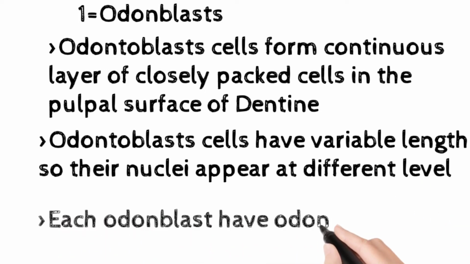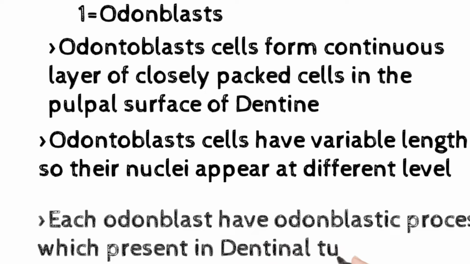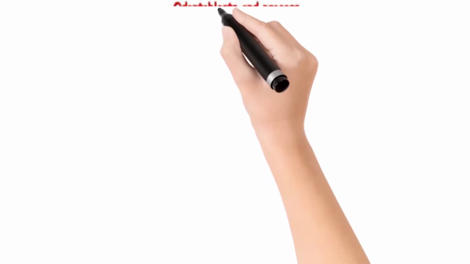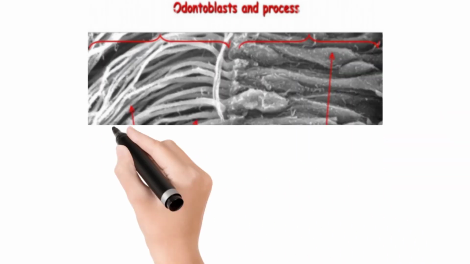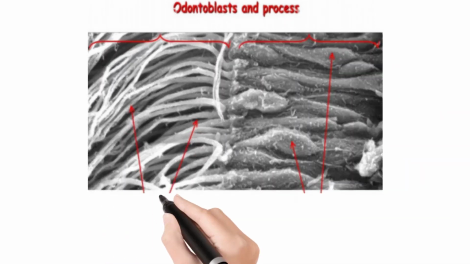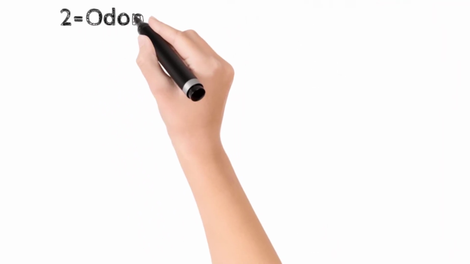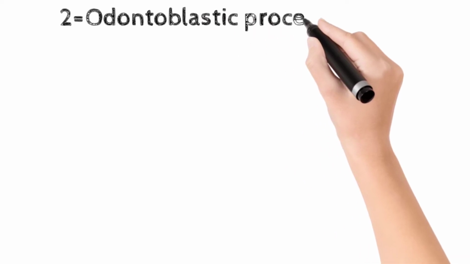Now, each odontoblast have odontoblastic process which present in dentinal tubules. Now come to the diagram of odontoblast and its process. On left side there is the odontoblast cell, and right side the odontoblastic process. Now after odontoblast come to the odontoblastic process.